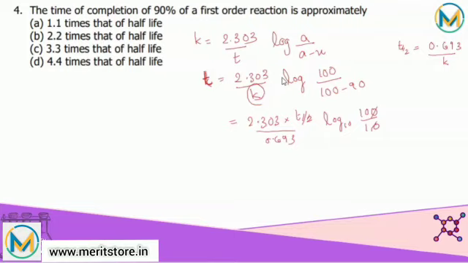Log of 10 is 1, and when we solve this out, it becomes 3.3 into t half. Looking towards the options, it is 3.3 times the half-life, and because the half-life is given in the option, we have substituted this term instead of K, because we want the answer in terms of half-life. So the correct answer for this question is option C, 3.3 times the half-life.